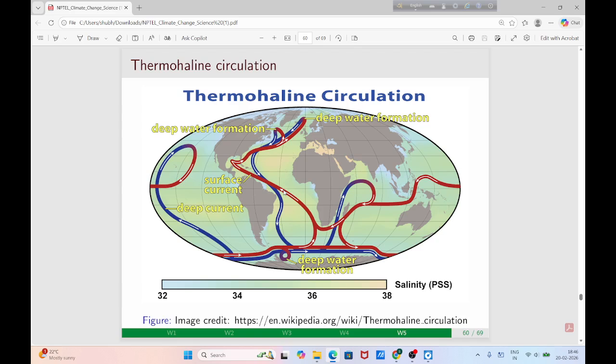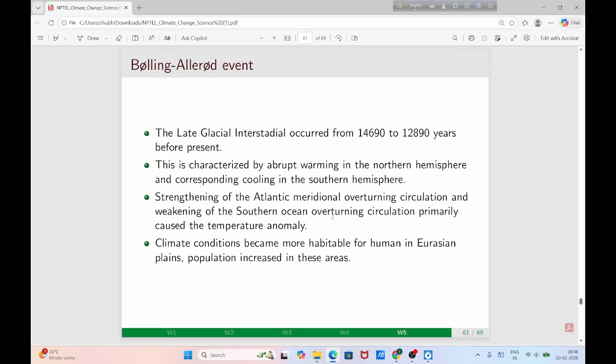Last time in the Younger Dryas events, that was weak, so less heat reached the northern hemisphere, but more heat was trapped in the southern hemisphere. Now the opposite is happening, so more heat is being transported towards the northern hemisphere and less heat is trapped towards the southern hemisphere.